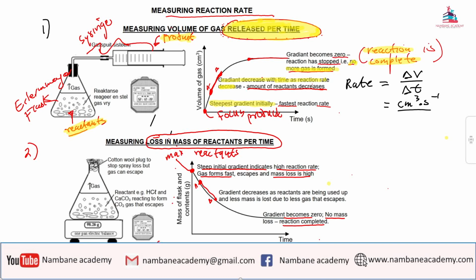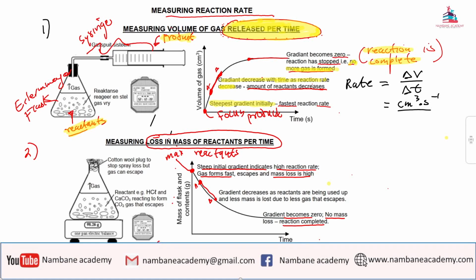So depending on the quantity that the examiner is giving me, that is what I am going to be looking for. So remember the shapes. The two shapes emphasize what the experiment or the investigation is all about. How quickly can you produce the products, or how quickly can we lose the reactants? So be on the lookout in terms of this graph.